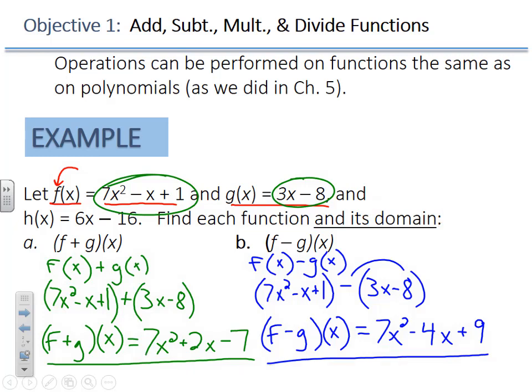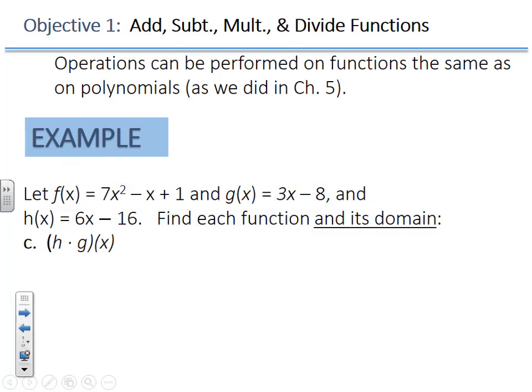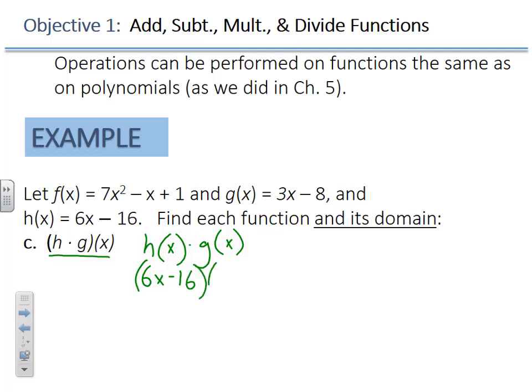Now, in addition to adding and subtracting functions, you can multiply and divide functions. So, suppose we want to find h times g of x. You can guess what that is. That's simply the function h of x times the function g of x. So, that's going to be 6x minus 16 times the function 3x minus 8.